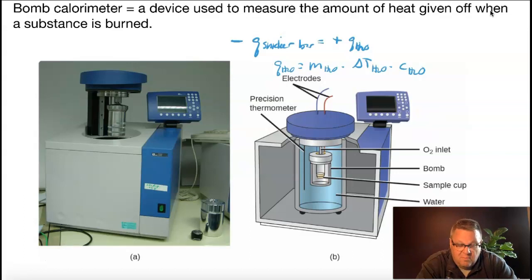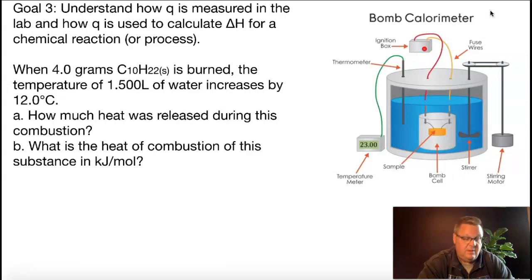And then, if we go back up to this top equation, whatever that number is, we can change the sign and call that Q Snickers bar, because the amount of energy released by the Snickers bar is absorbed by the water molecules. Let's look at that in a little more detail in another example. Okay, so that's our third goal.